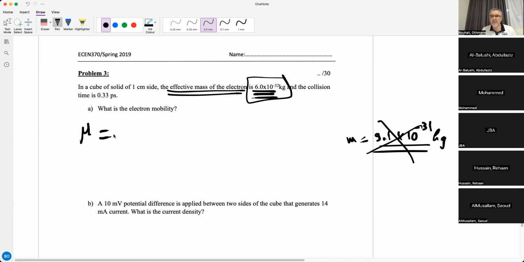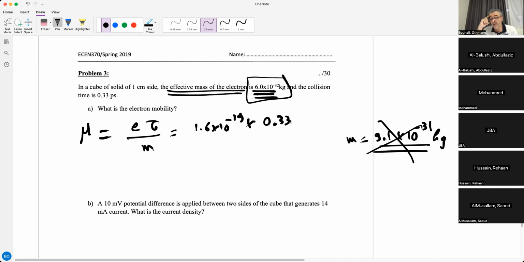Yes, exactly. The mobility is equal to the electric charge times the collision time divided by the mass of the electron. Now, 1.6 times 10 to the negative 19 times the collision time, which is 0.33.